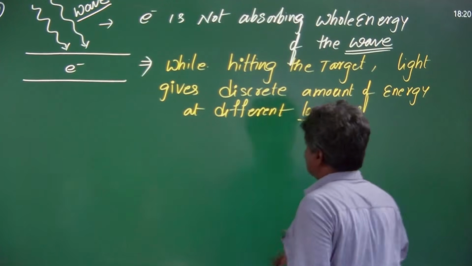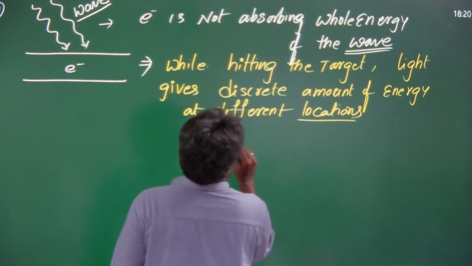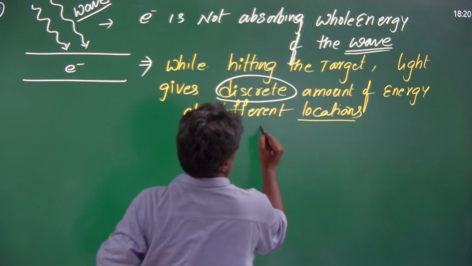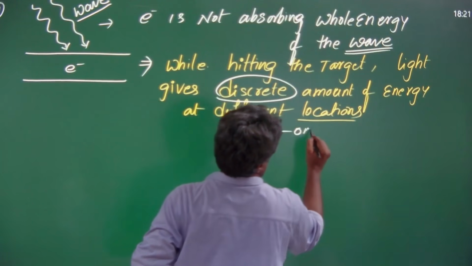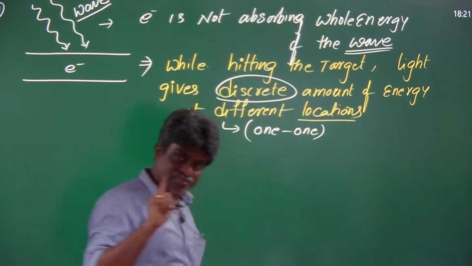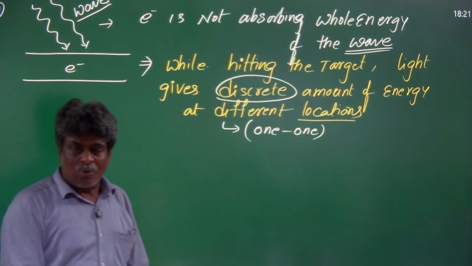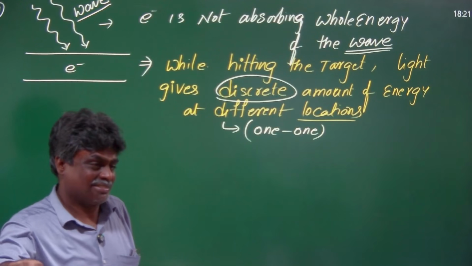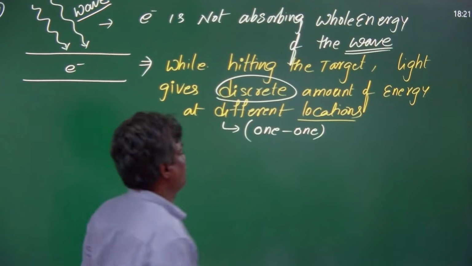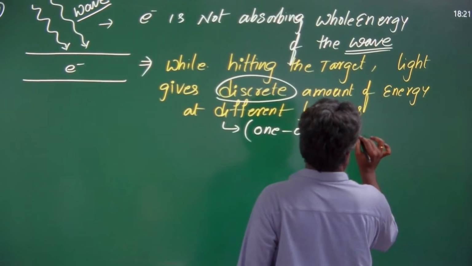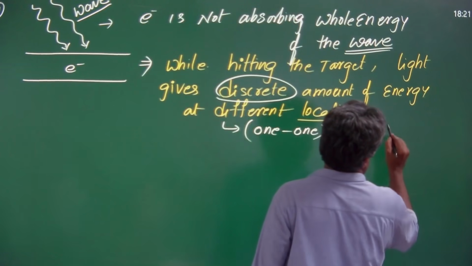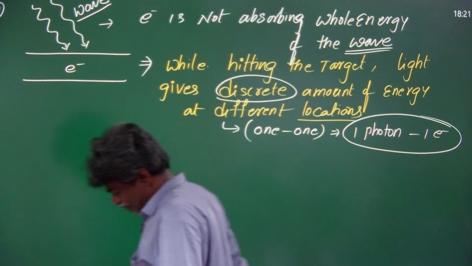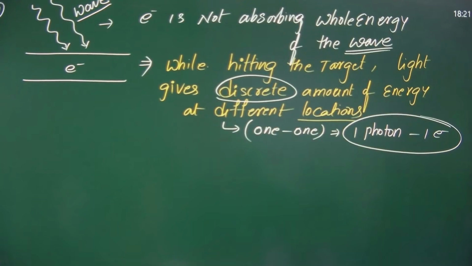Okay, super. That means here, this discrete amount of energy is absorbed by one electron. That's why this is a one-to-one interaction. Repeat: one-to-one interaction. So only one photon is absorbed by one electron. That's the meaning of the sentence. So one photon and one electron.